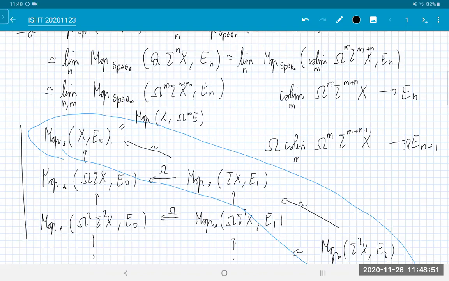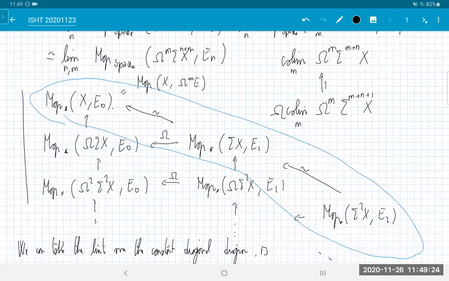So, this equivalence is clear, but here, in the end, you have an equivalence like this. That's what this is claiming. Then this is because omega commutes with filtered colimits, actually. Is this then the last argument step?